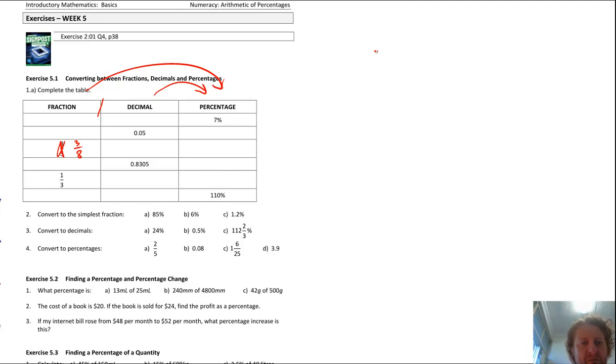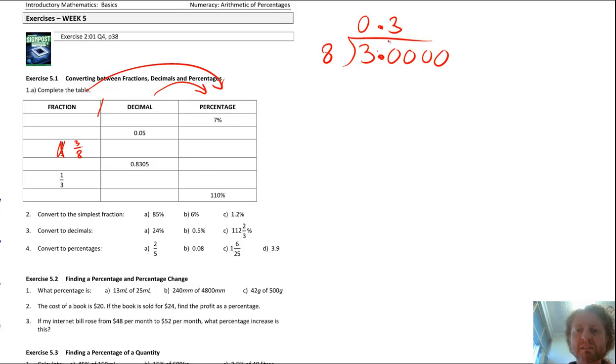Now, fraction to decimal, that really was last week's stuff. That was just getting the number 3 and dividing it by 8. I might need some zeros here. 8s out of a 3, I don't think I can get. 8s out of a 30. Well, 3 8s are 24, 4 8s are 32. I can't get 32 out of 30. I've gone too far. 3 8s is 24, which leaves me a 6. 8s out of a 60, the best I can do there is 7 8s of 56 with 4 left over.